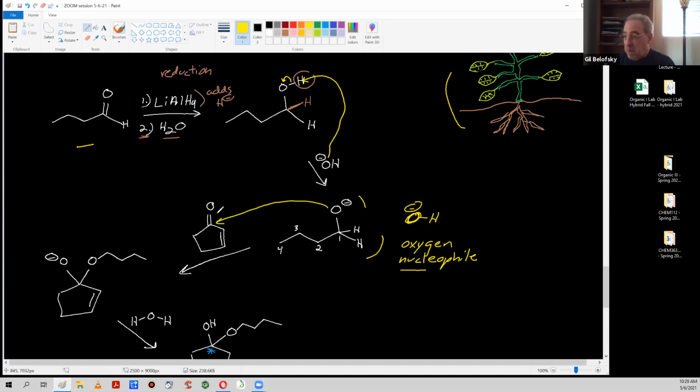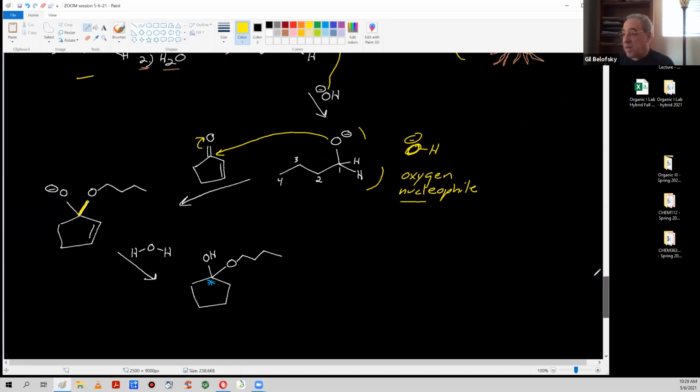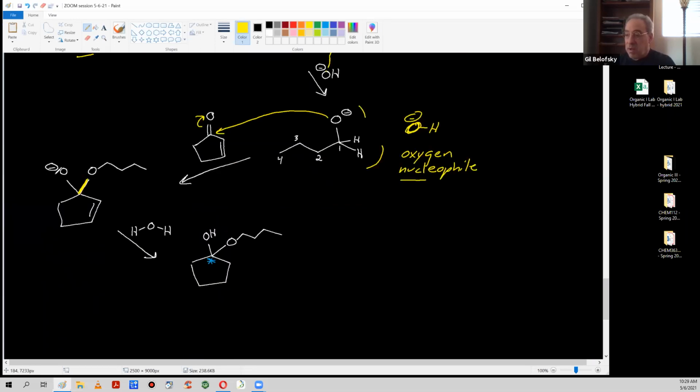Forms a bond, kicks these electrons up. There's the bond that it formed. And so it's really exactly the same reaction as above. Then protonation of that to become this alcohol, and we've created this.